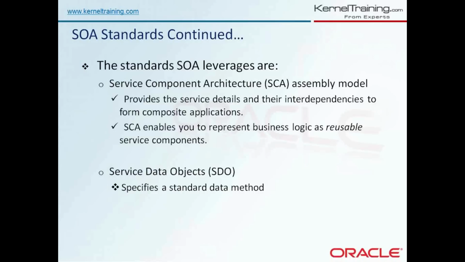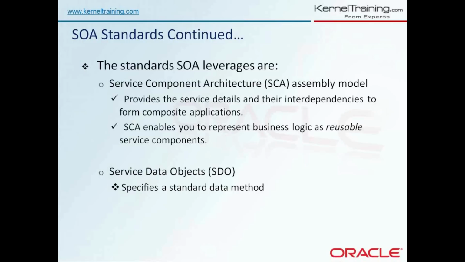Inside one composite, there can be multiple BPELs, mediators, business rules, anything. BPEL and mediator are known as components. So a composite is basically a collection of different service components. To develop those composites, SCA provides the environment, or platform, where you can write your business logic and define your service components.